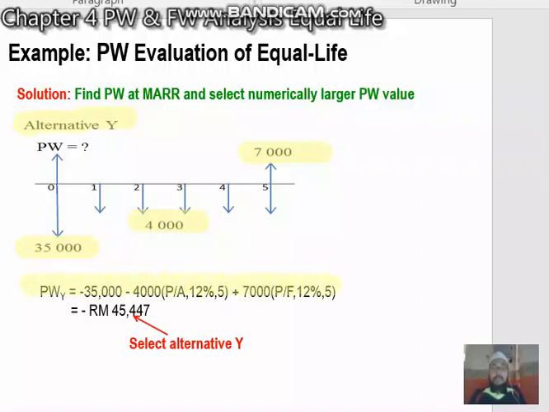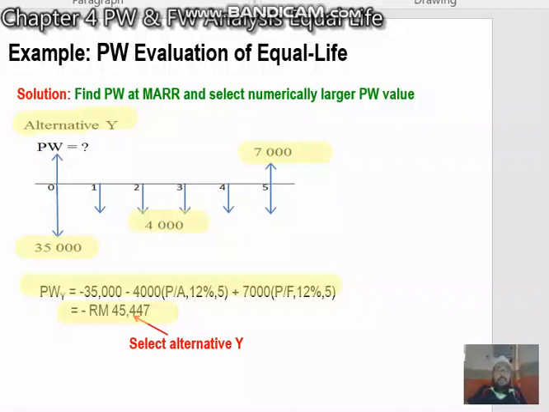We develop the cash flow diagram, and please make sure all the standard factor notations are written correctly and accurately. Again, keep in mind the student must have competency in applying the economic factors and developing the cash flow diagram. And we solve it. So the present worth value for alternative Y is negative 45,447.